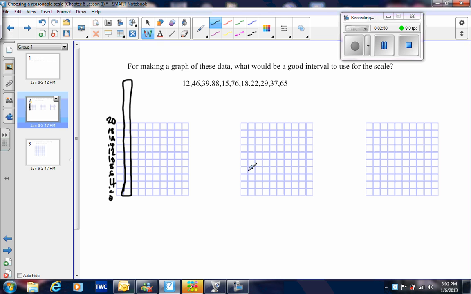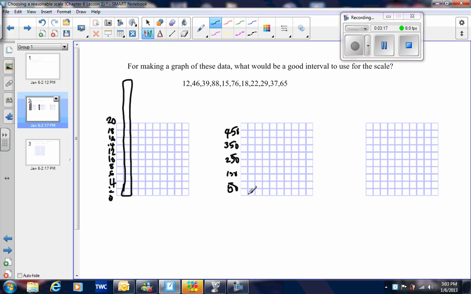All right. For this one, I'll exaggerate on the other end. I'll say go 50, 100, 150, 200, 250, 300, 350, 400, 450, and so I'd end up with 500 up here.